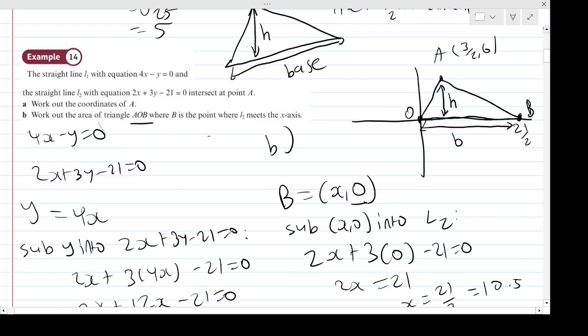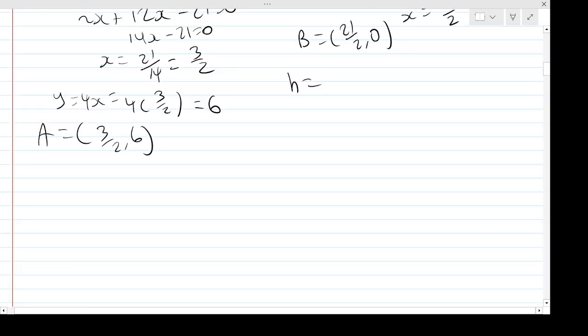H is the distance between A and the x-axis. That's just the y value of A, because the y coordinate is 6. It's going from 6 to 0, so the perpendicular height is 6.